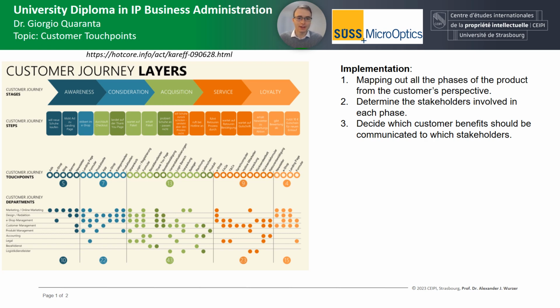And for each of those phases or stages, it is possible to define steps, so more detailed or specific topics into which those stages can be divided. Those are more specific to each product or service of the company for which we are making this customer journey map.